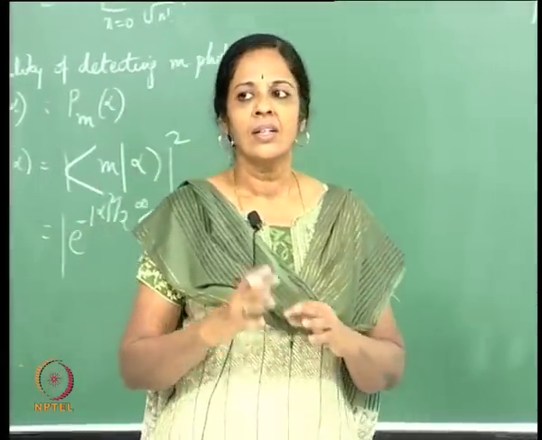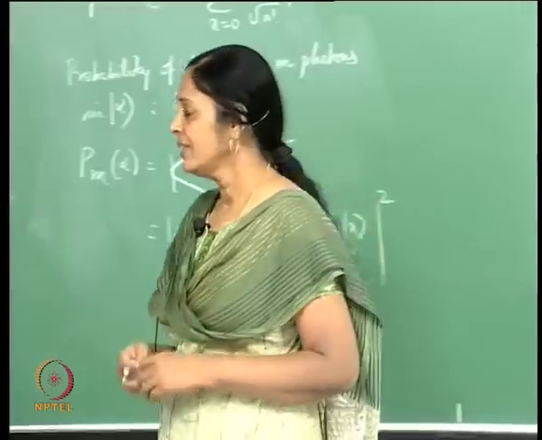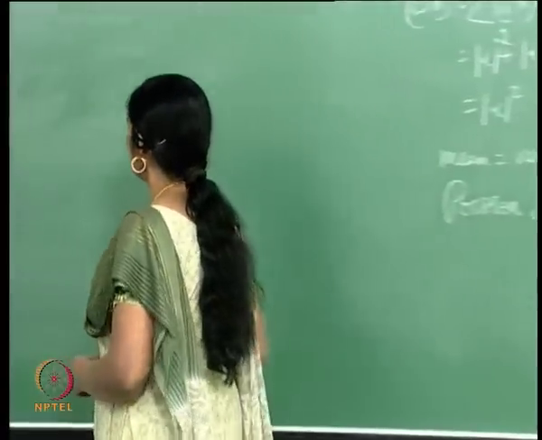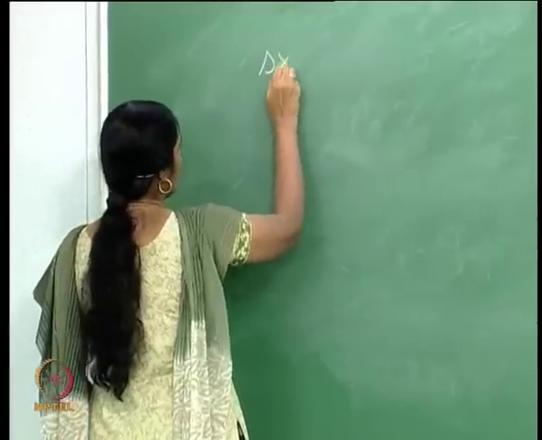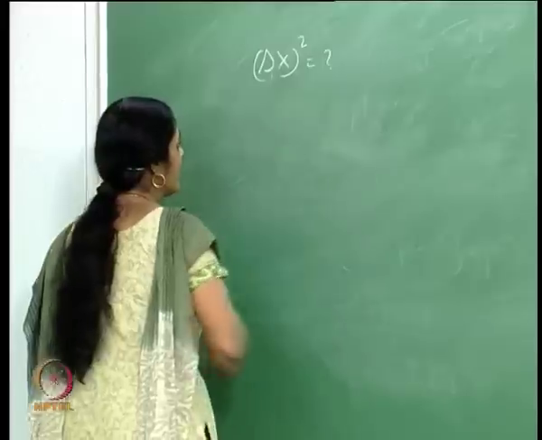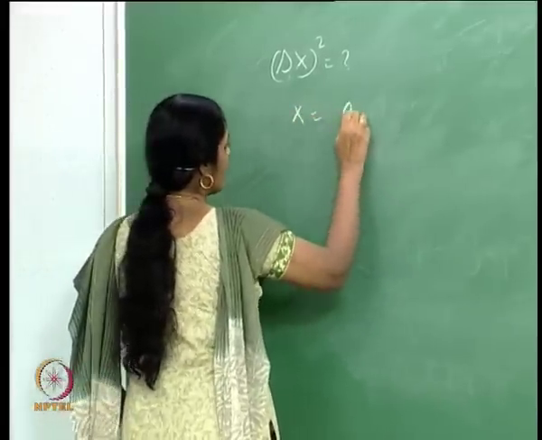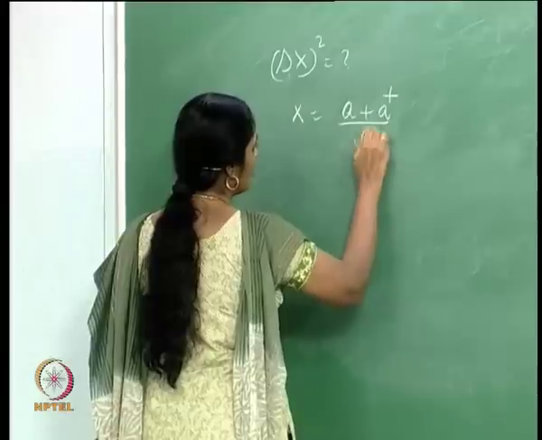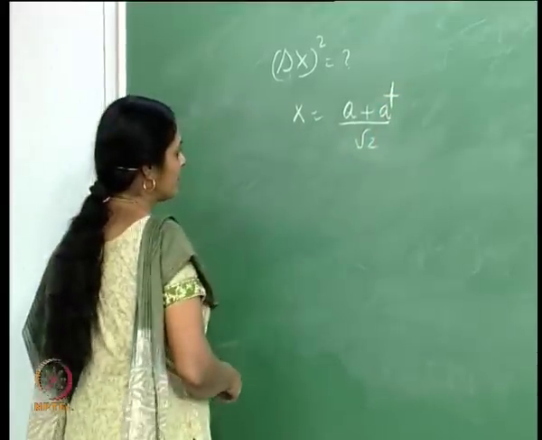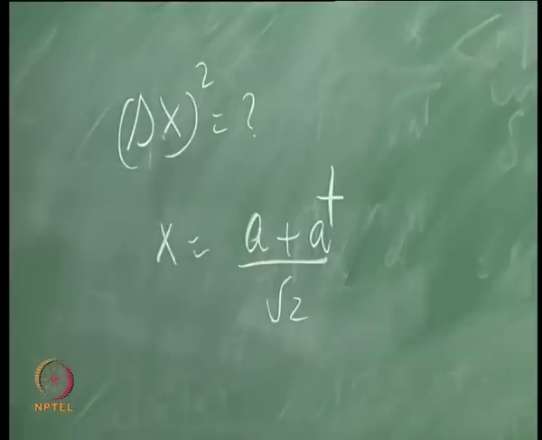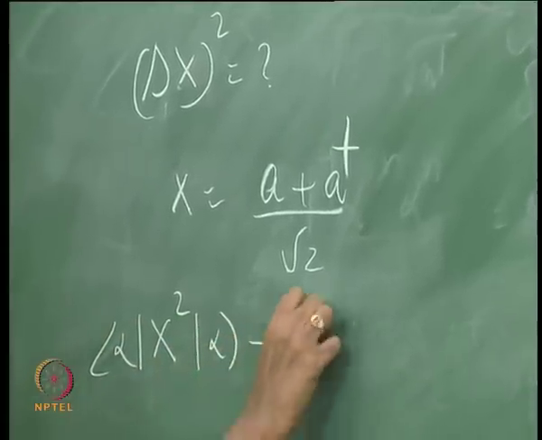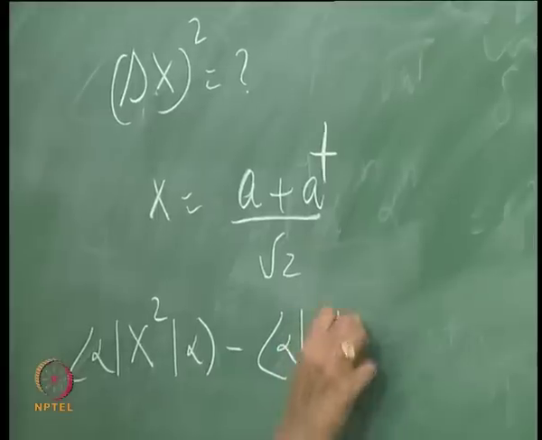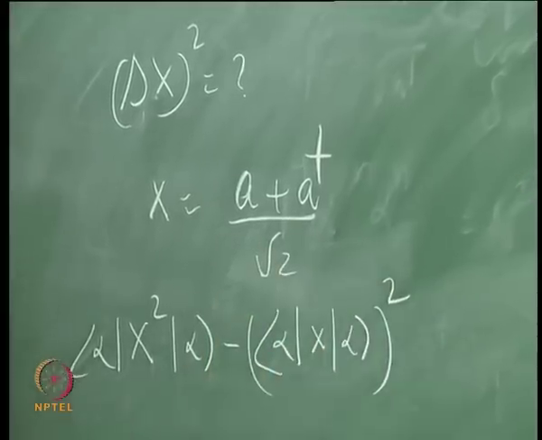X is really related to the electric field E. So, I want to find out the variance in x, where x is a plus a dagger by root 2, in the state ket alpha. So, essentially I need to find expectation x squared minus expectation x the whole squared.